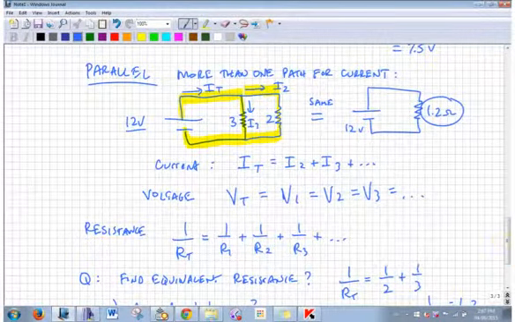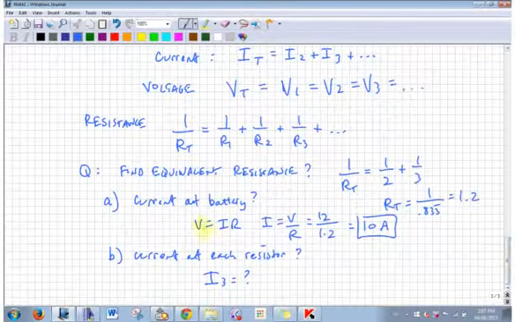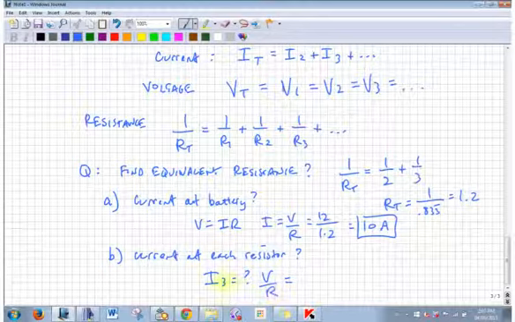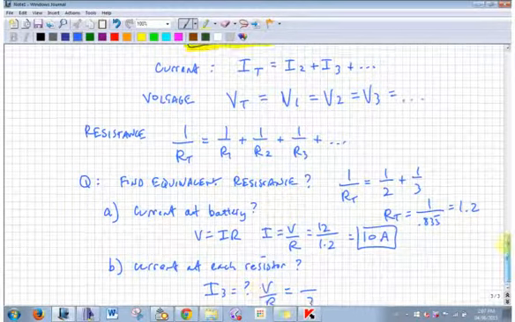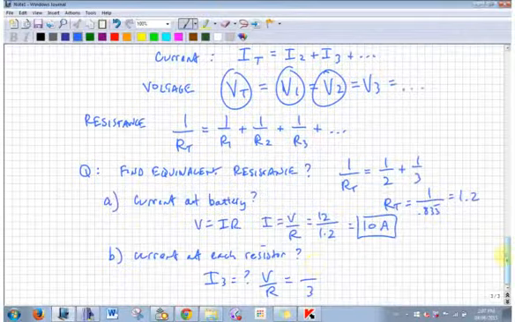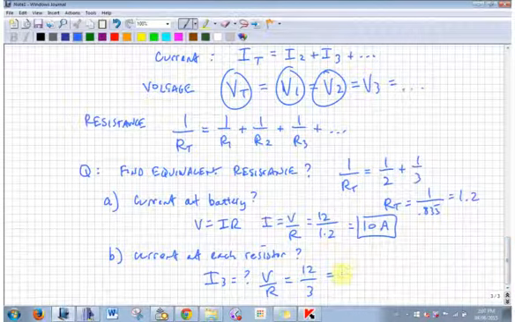Ohm's law. V is IR, so I is V over R. I know the resistance of the 3 ohm resistor is obviously 3. What's the voltage across this one? 12 volts, because they're all the same. All of it's lost when it goes across there. So that is 4 amps.